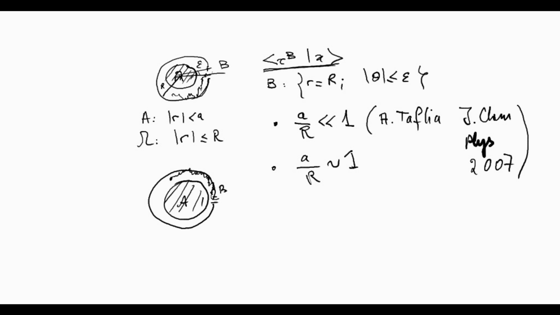The solution for the probability and the mean first passage time for the first one can be found in this article, by Adi Taflia and myself. And the second question, I think we have left it open, so any calculation will be of interest.